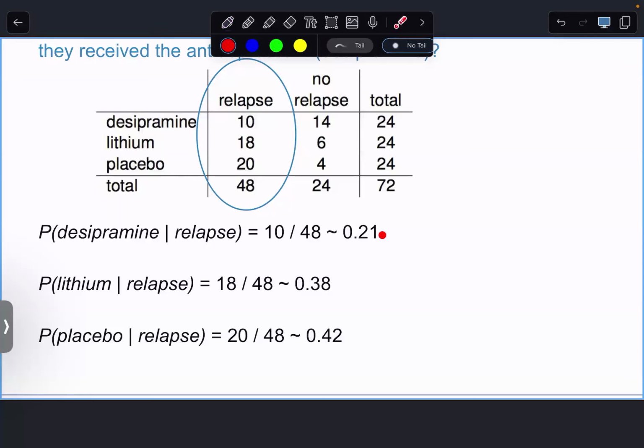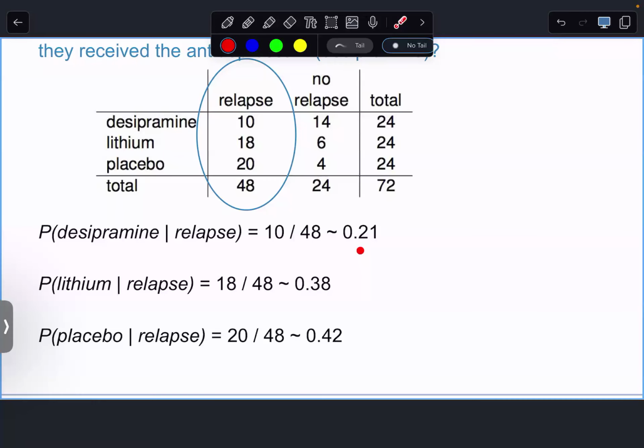So we did this one, right? Knowing that they were in the antidepressant group, right? Or the probability that they were in the antidepressant group, knowing that they relapsed, 0.21, versus knowing that they relapsed, the probability that they were in the lithium group is 0.38. How would you say that these two treatments compare, right?